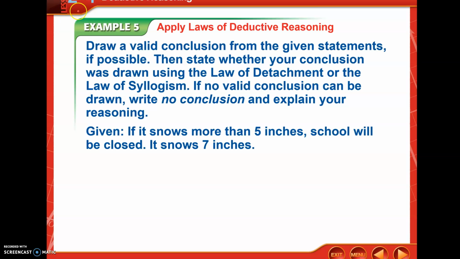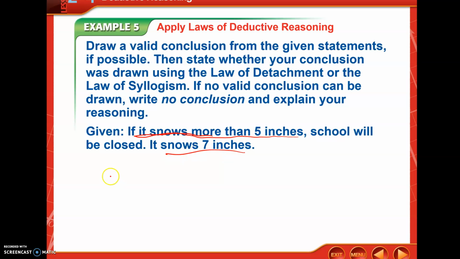Draw a valid conclusion from the given statements if possible. Then state whether your conclusion was drawn using law of detachment or law of syllogism. If I can't draw one, then I'm going to say there's no conclusion. So if it snows more than 5 inches, school will be closed. It snows 7 inches. So notice this condition was met.